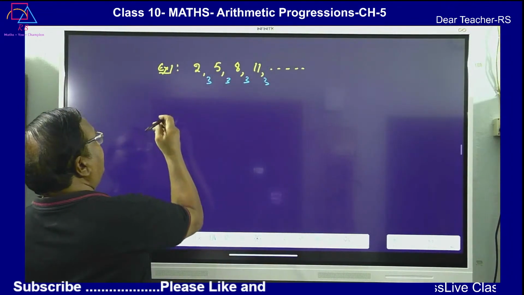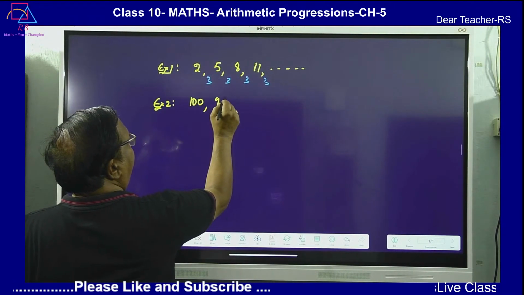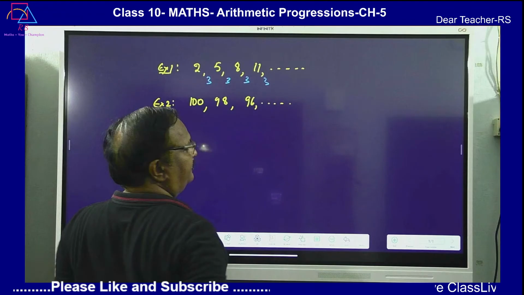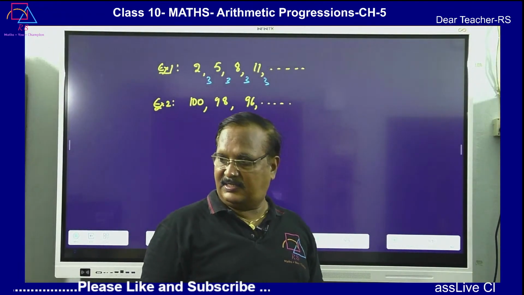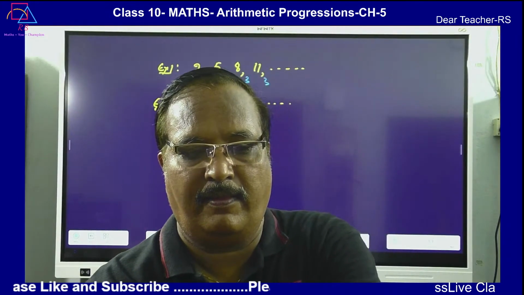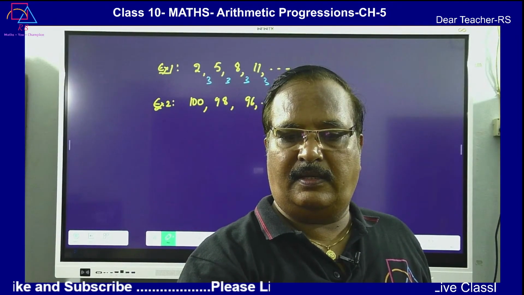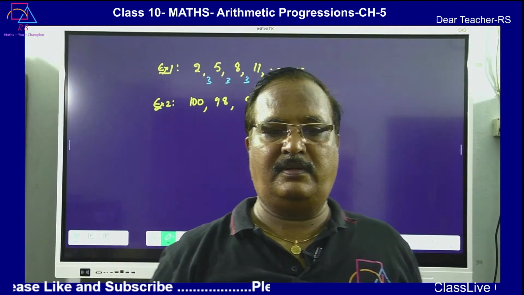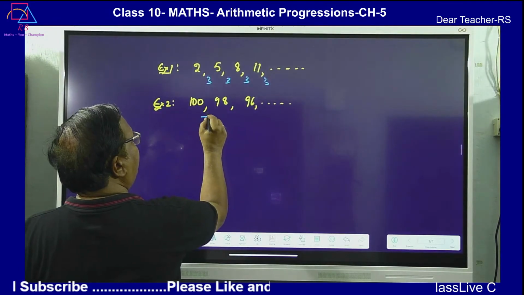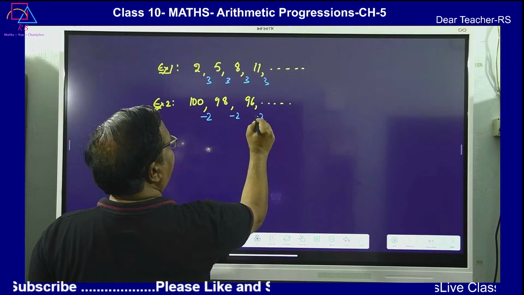For example 2: 100, 98, 96 and so on. You can easily tell what the next number is. Here we are adding minus 2 each time.